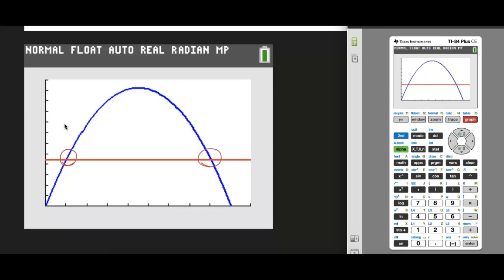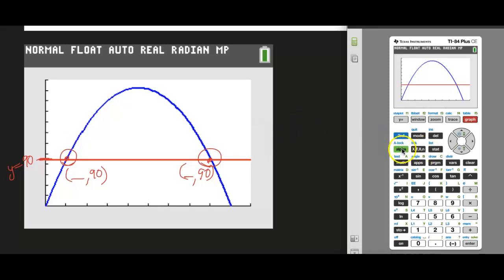We specifically want to find the X values because we already know that the Y values are 90. Remember that this right here was 90. Y equals 90. And so if we could find those points of intersection, then we would know that X value when the height of the ball is 90.